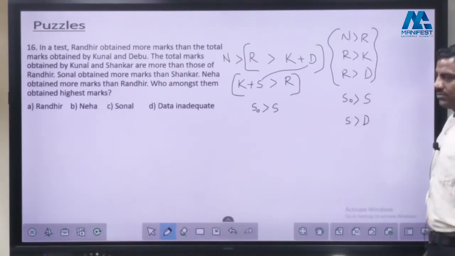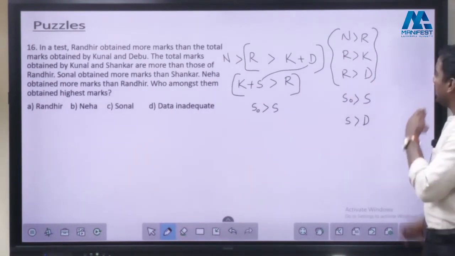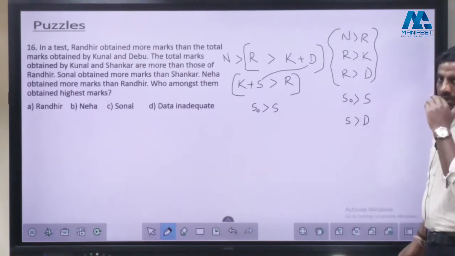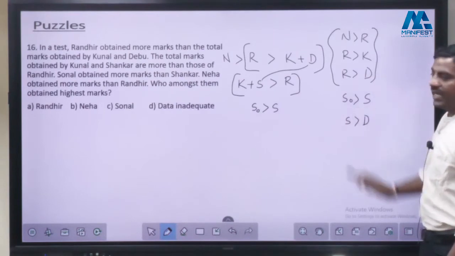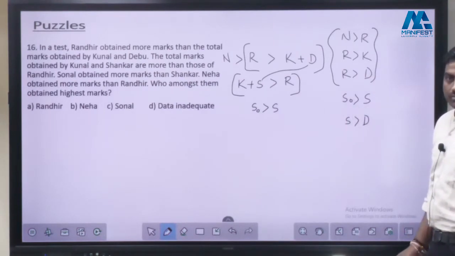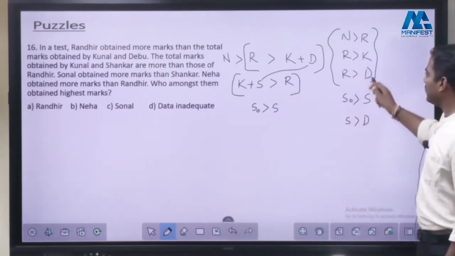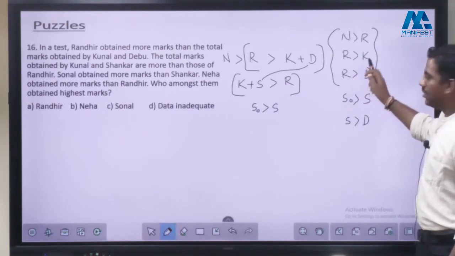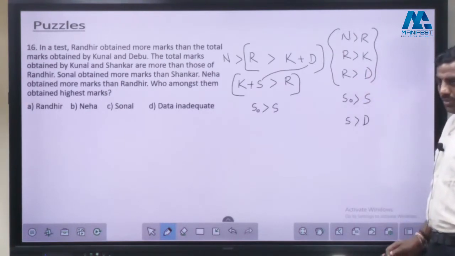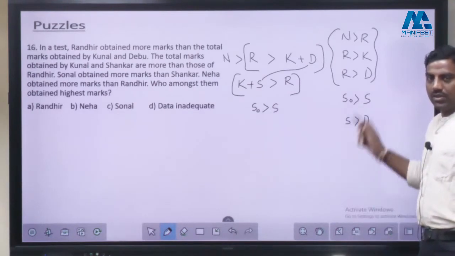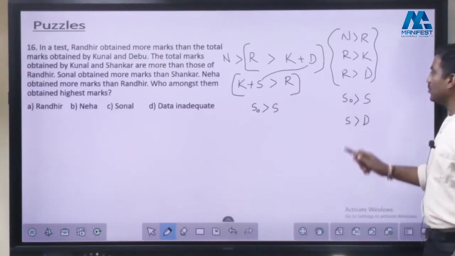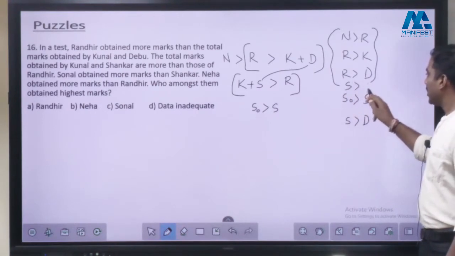In this case, N is the highest. I cannot say whether D is the lowest or K is the lowest. Yes, both of them are less than R. I agree. But between K and D, I don't know. But between S and D, yes. S is more than D. So I have to put it here.